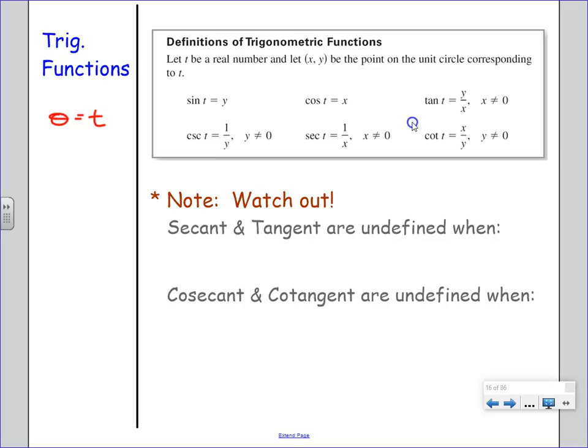Whenever you guys are writing sine of t, just think sine of angle. So sine is the y. We already talked about that, right? Cosine is the whatever, the x. Tangent. Now we're not talking about right triangles, although we could. But if you're just looking at the coordinate in a unit circle, tangent will be y over x or sine over cosine. That's a formula you might have learned before.